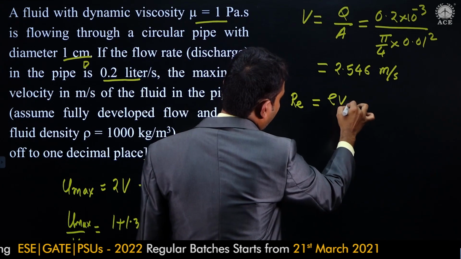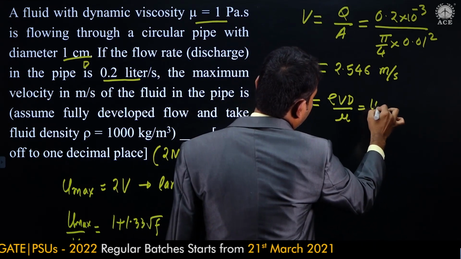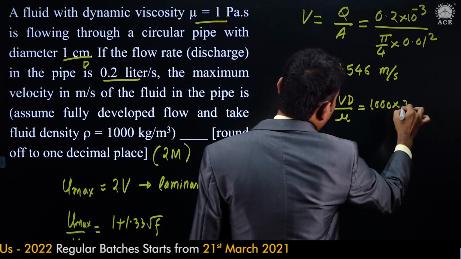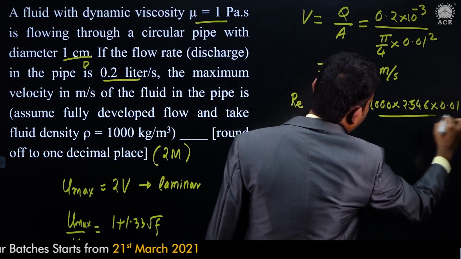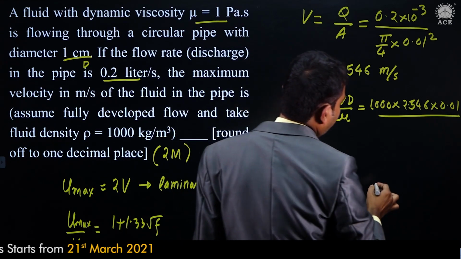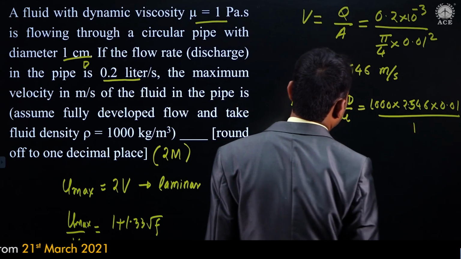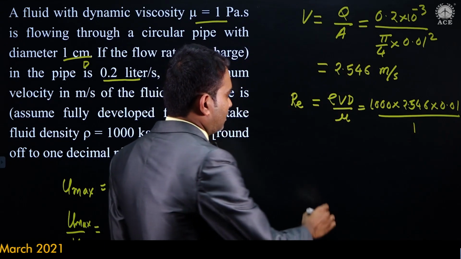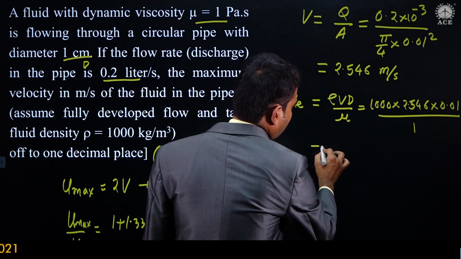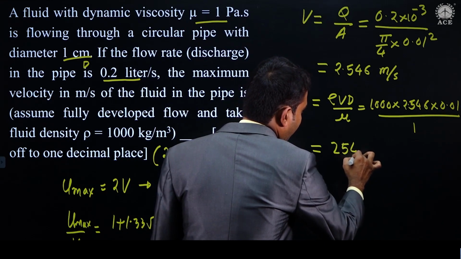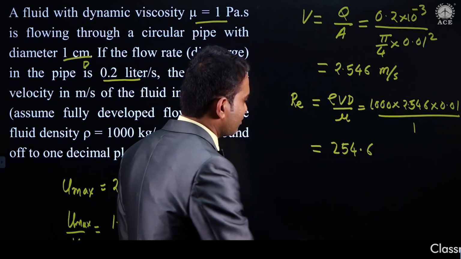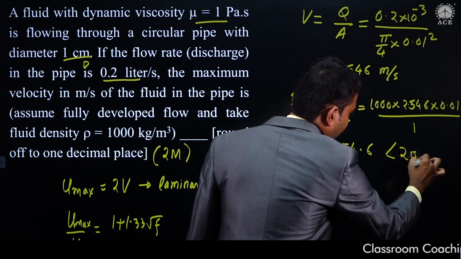Now from here you can calculate Reynolds number. Reynolds number is equal to rho Vd divided by mu. 1000 into velocity 2.546 into 0.01 divided by viscosity, which is 1. So from here you will get Reynolds number as 254.6, right? So this is less than 2000.